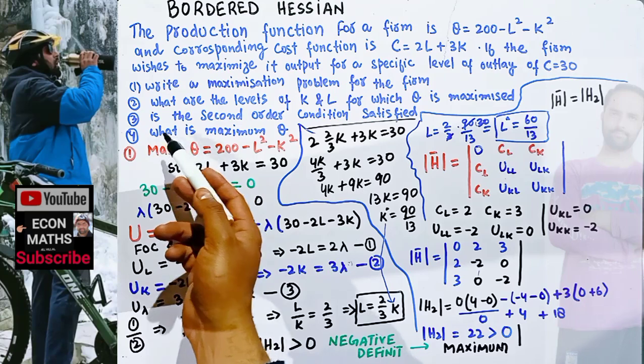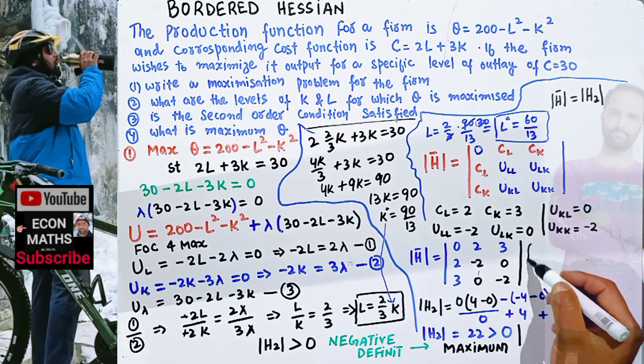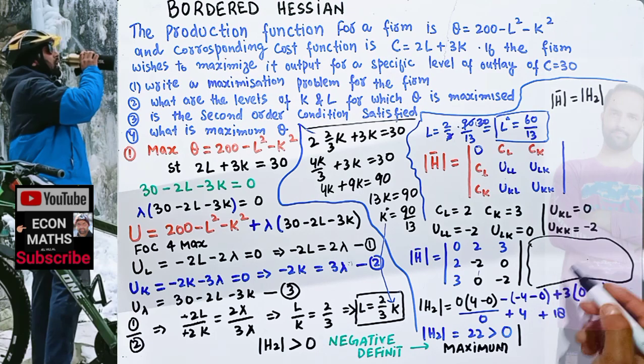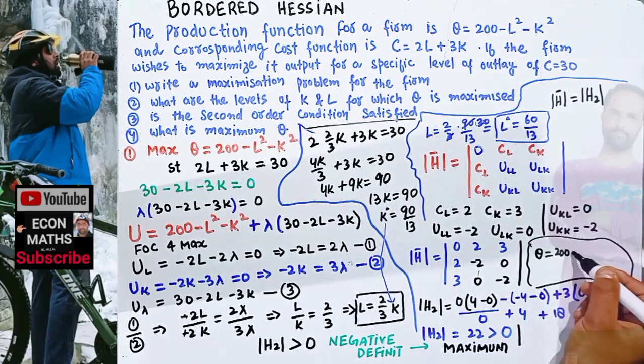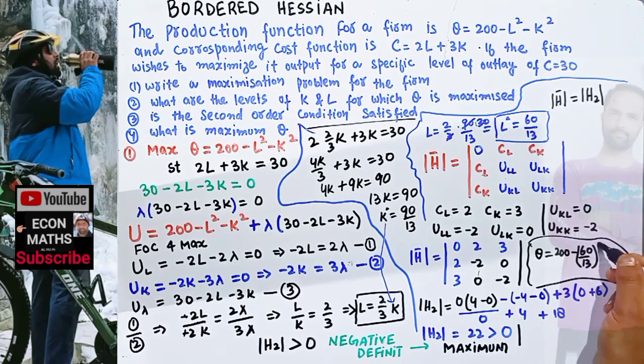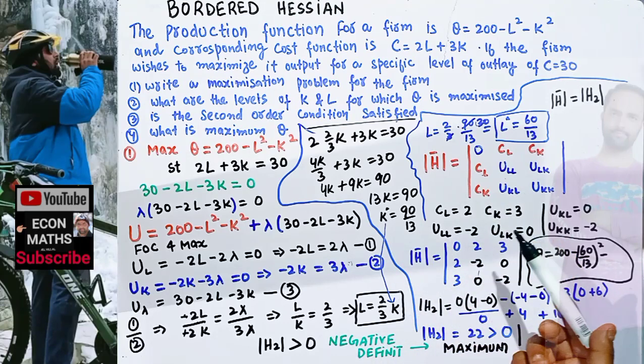So the last question is, what is maximum output? Simply plug the value of optimal value of labor and capital into the production function. So maximum output will be equal to, so our q will be equal to 200 minus L square, means 60 upon 13 square, minus K square, the value of K which we got here.